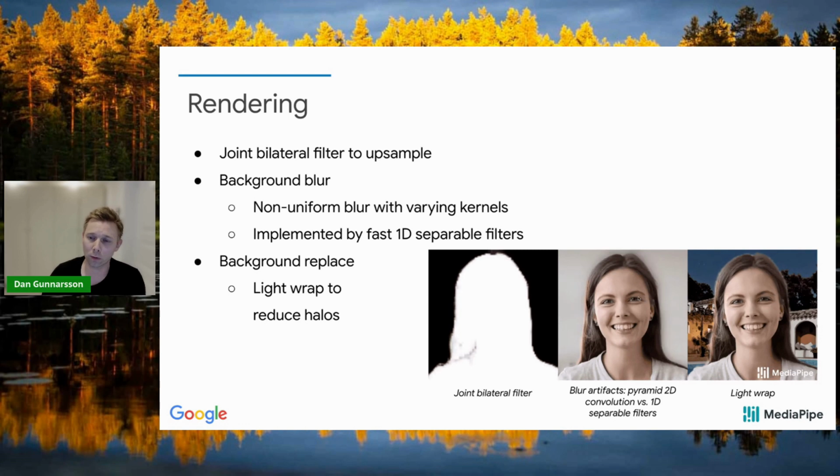One important part that we've gotten feedback about, and that took some tuning to get right, is using light wrapping when doing background replacement to prevent bleeding around the head, which can be seen in this example.